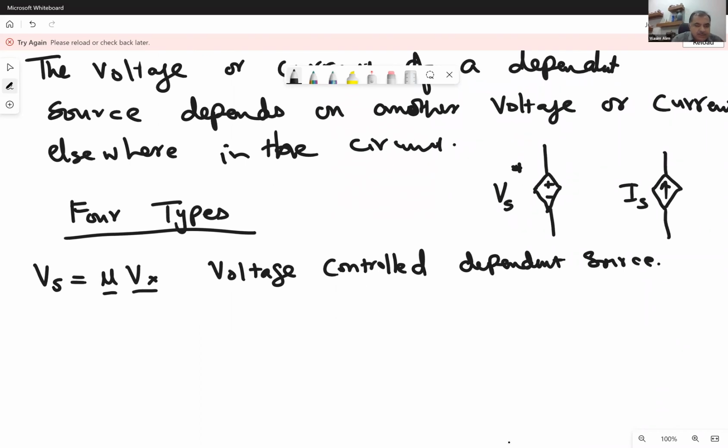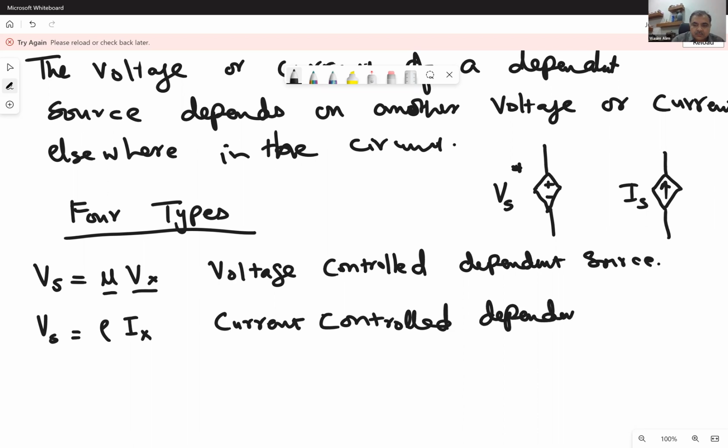Another type is a current control. Again, you have a constant and the value of the current source, or it could be a current in another element as well.